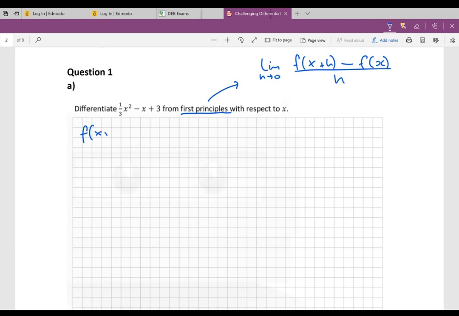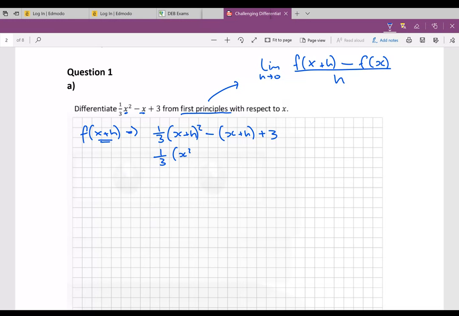Let's start with our f(x + h). Okay, I've got a third (x + h) squared minus (x + h) plus 3. So if I'm adding x + h, I'm literally doing that everywhere that I originally had x.